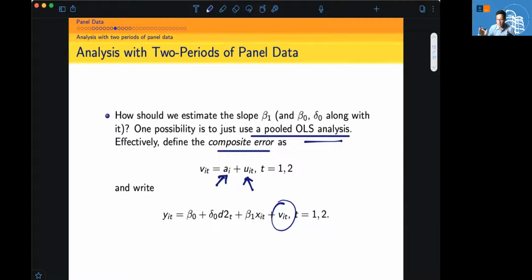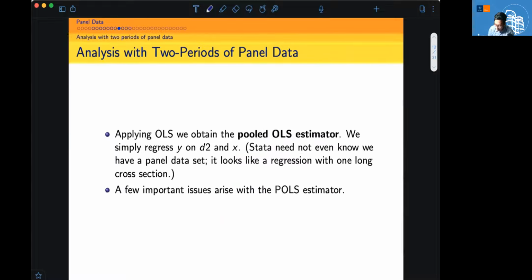We do not disentangle that in this v_it there is an unobserved heterogeneity component and an idiosyncratic or shock component. Okay, so what we do is just regress the outcome on a time dummy and then the explanatory variable of interest. If we apply OLS, we're going to get what's called the pooled OLS estimator.